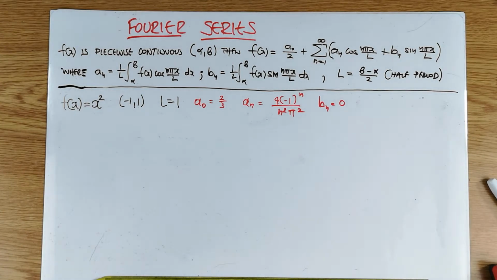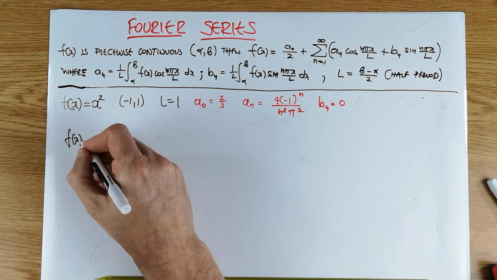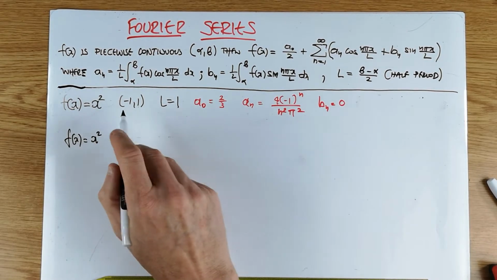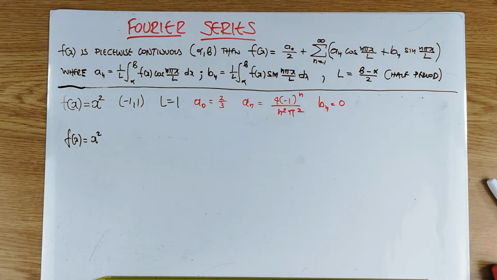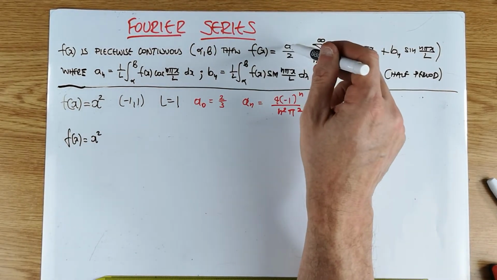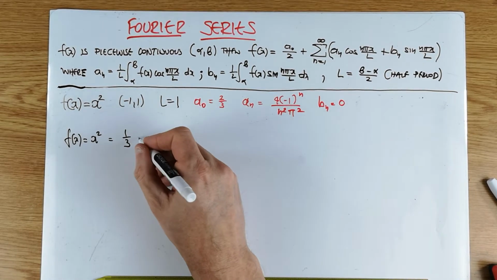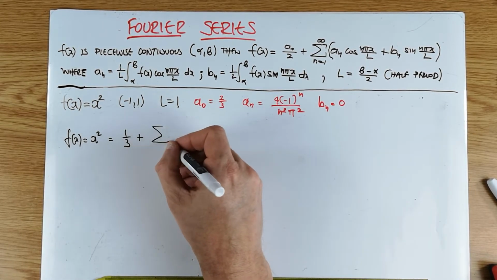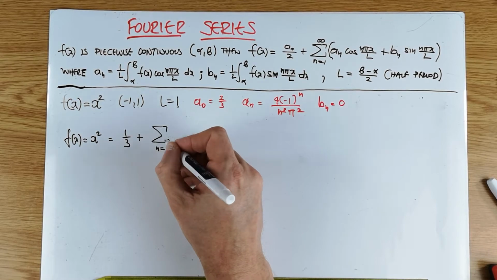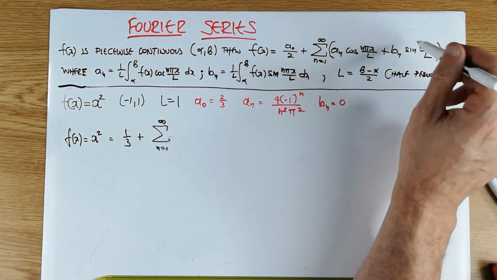Okay, let's write our expansion. So we found that f of x, which of course is our x squared, in this particular interval can be approximated by this quantity here. The a naught was 2/3, divided by 2 is simply 1/3, plus the sum from n equals 1 to infinity. There's no bn, so there are no sine terms in there.